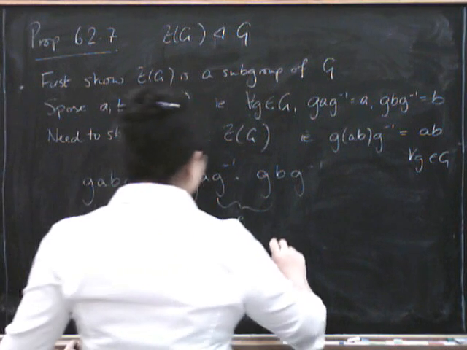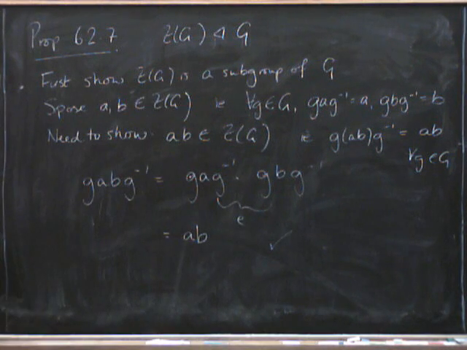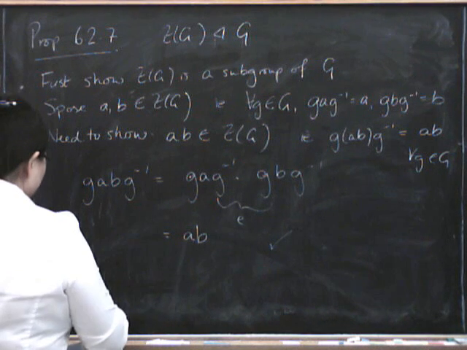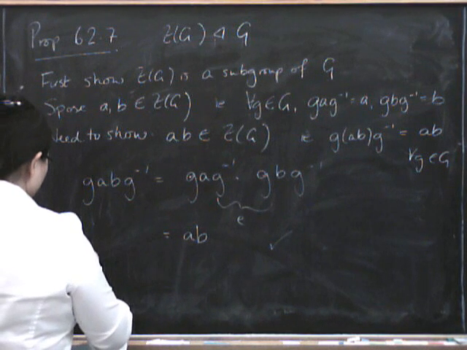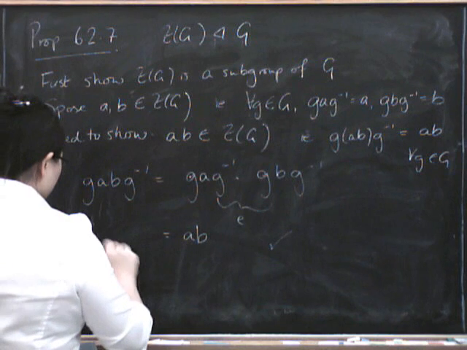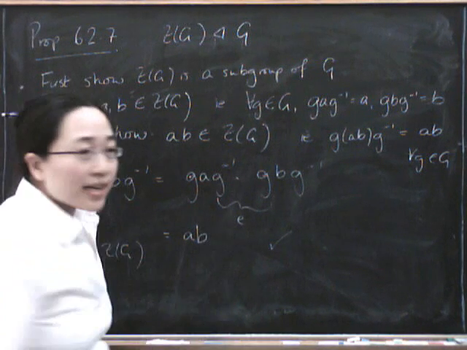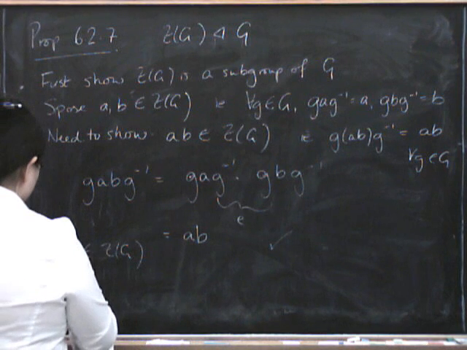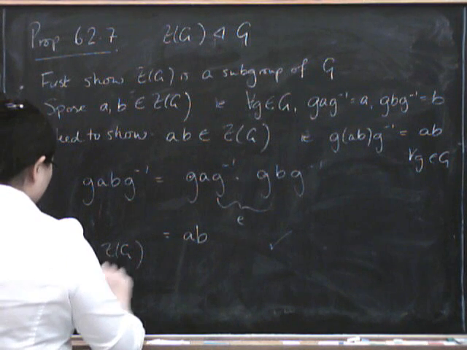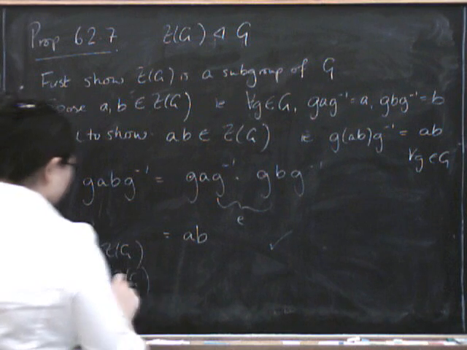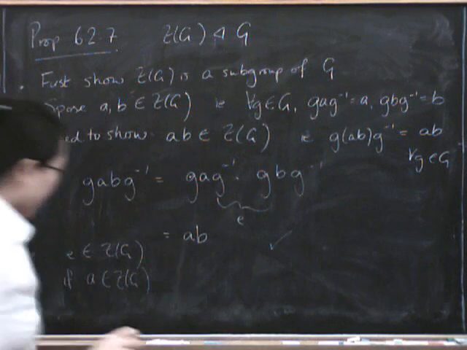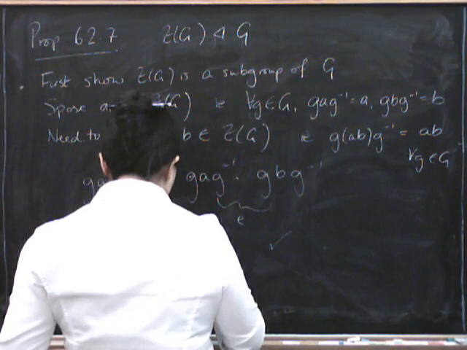So we've done that. We know clearly that e is in the center. And also, we know that if a is in the center, then a inverse is in the center.